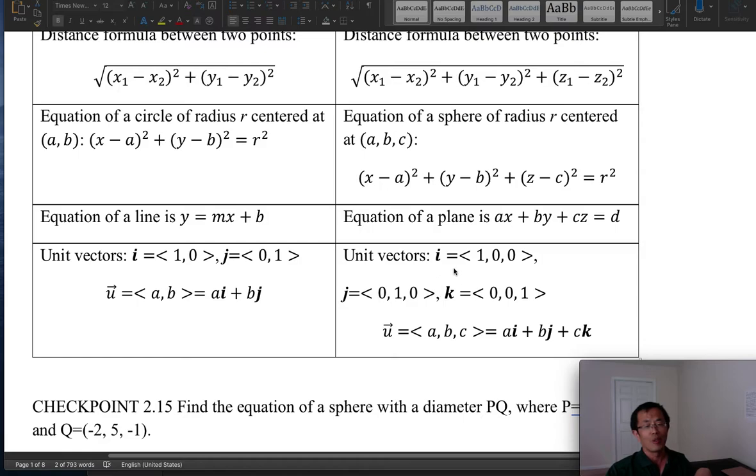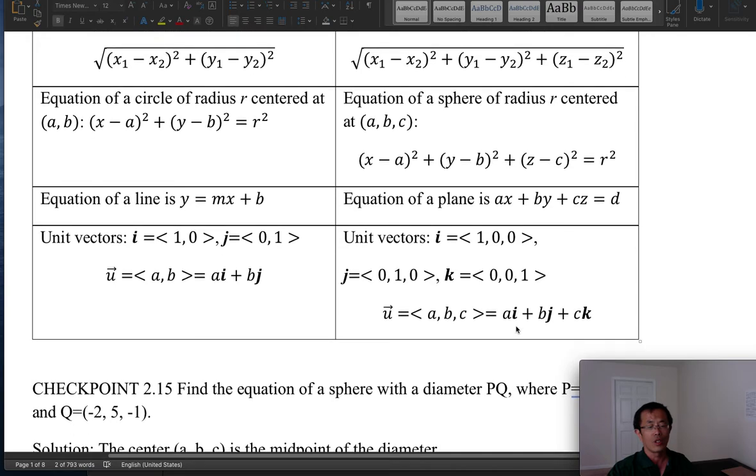But we do use the same notation because in words we can say the same thing. In the three-dimensional space, i is a unit vector in the x direction, then j in the y direction, k in the z direction. And similarly, we can consider this vector u in component form or as a combination of i, j, k.